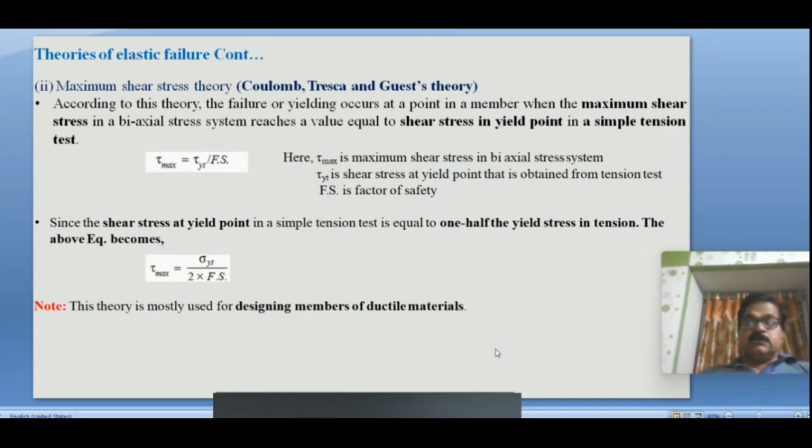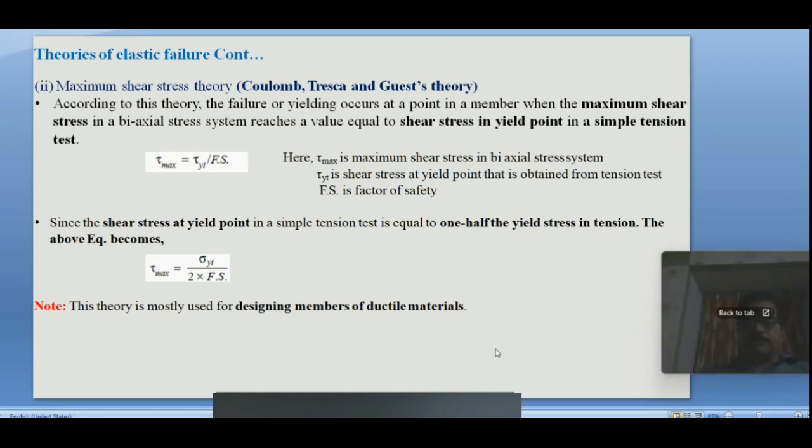That is, the yield point stress is twice the yield point shear, or in other words, the yield point shear is half of the yield point tension or normal stress. So this theory, maximum shear stress theory, is suitable for designing ductile materials.